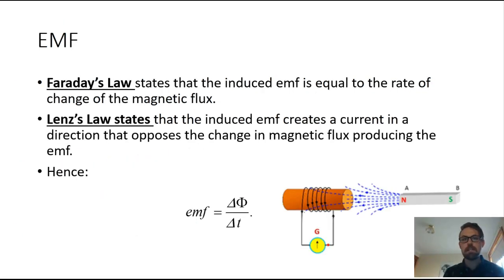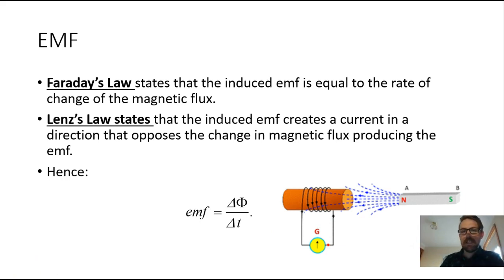From here we get two laws that are really important. The first one is Faraday's law, which says that the induced EMF is equal to the rate of change of magnetic flux. What that means is the potential difference, and hence the current that we pick up, is equal to how much we're changing the magnetic field moving through our loops.